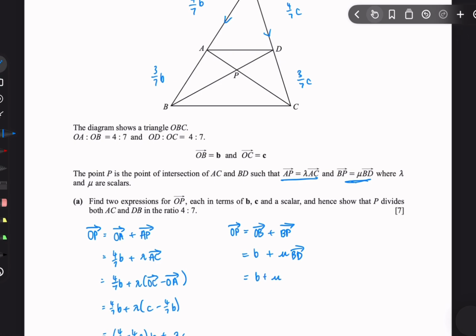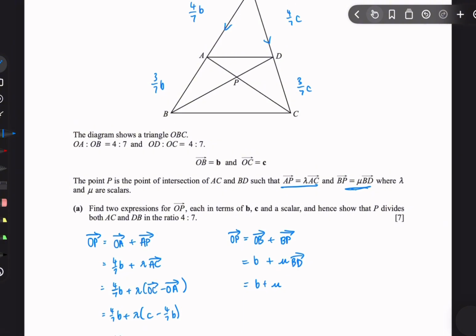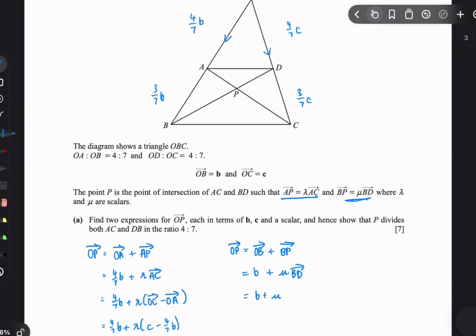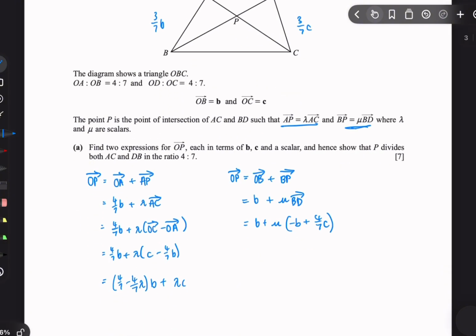Okay, to find BD, we can go minus B plus 4/7C. So we are going BO plus OD. Yep. And then I'm gonna collect the B and C. I'm gonna separate them.